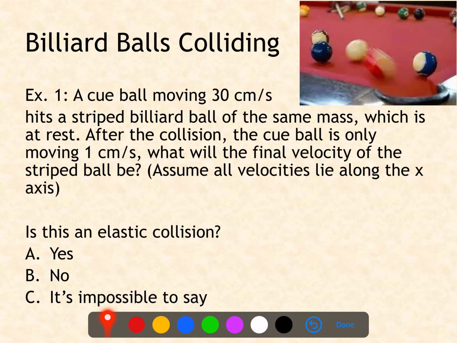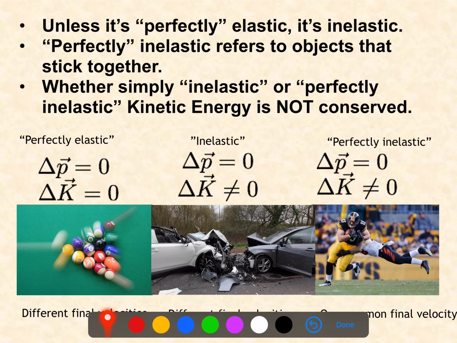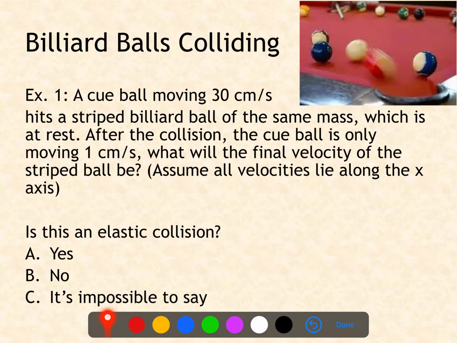So to answer the question of whether or not this is a perfectly elastic collision, remember that the definition of that is that not only is the momentum conserved, but so is the kinetic energy. Of course, the momentum is conserved in all cases, so one tactic I can take to figure this out is to figure out what the final momentum or final velocity of the striped ball is, given the final velocity of the cue ball, and then I can see if, knowing all of the velocities, that's going to allow me to say that the kinetic energy is also conserved.